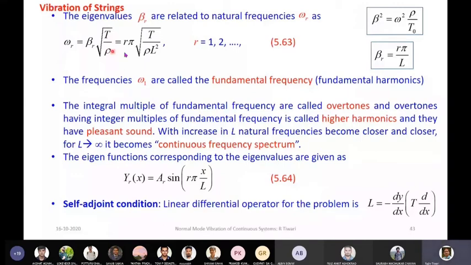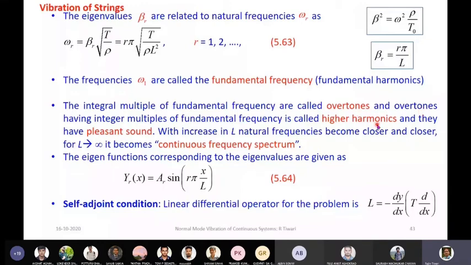So omega 2, omega 3, these are called overtones, which are integer multiples of the fundamental frequency. Overtones are also called higher harmonics.